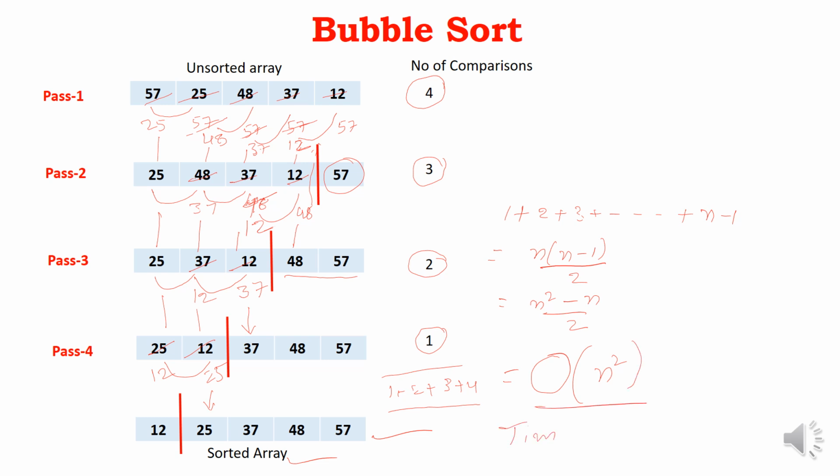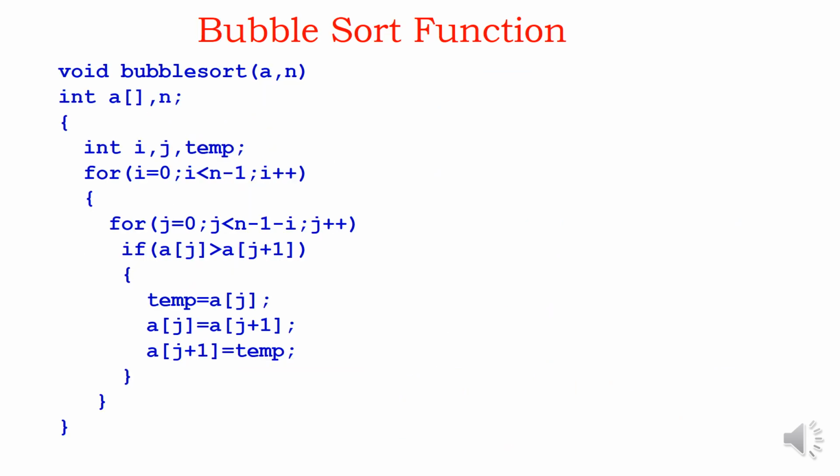The time complexity of bubble sort is order of n square, which is directly proportional to the total number of comparisons. If there are n elements, the time complexity will be order of n square.